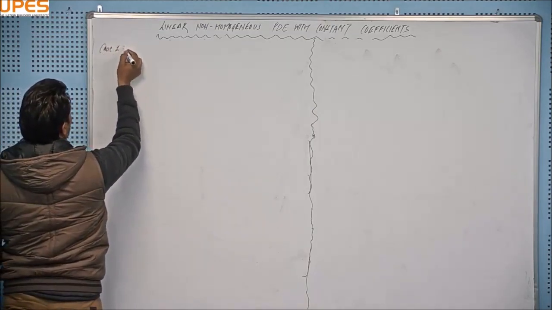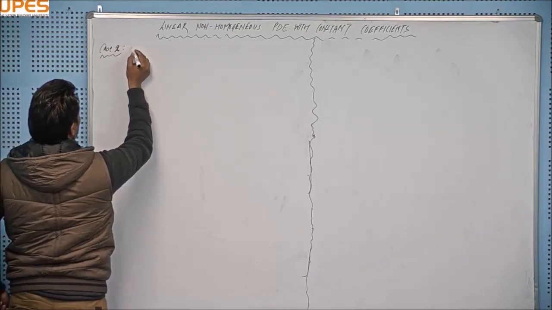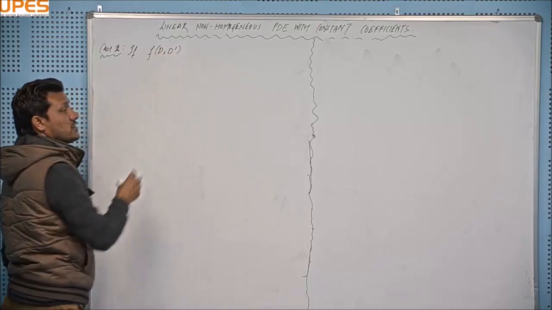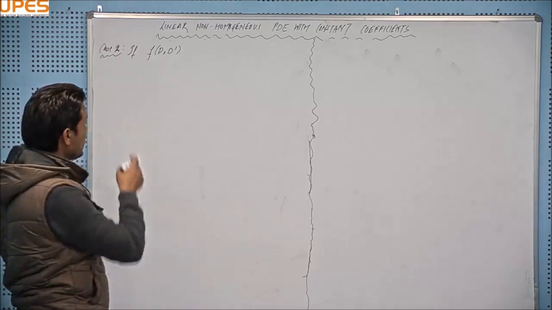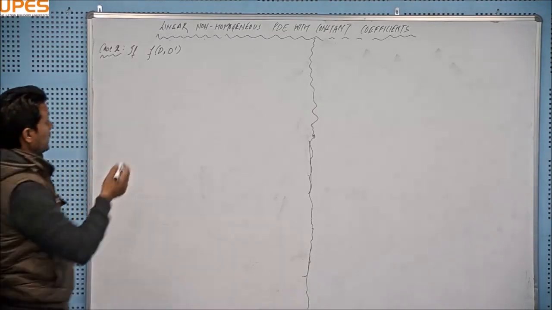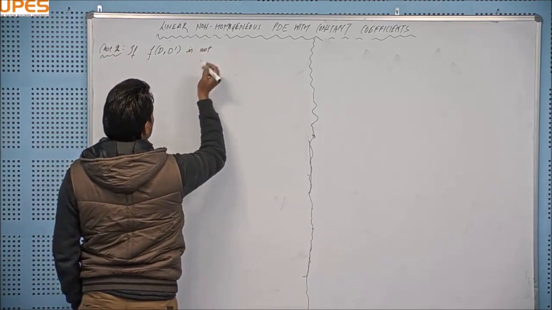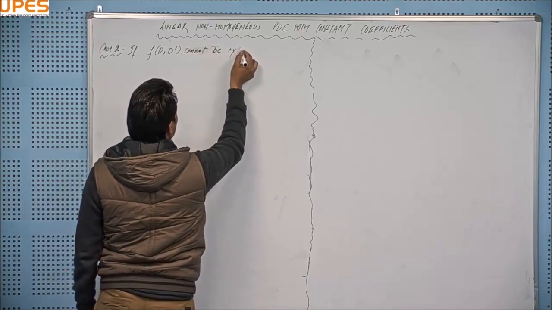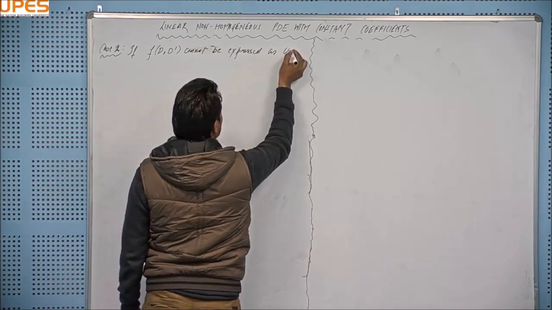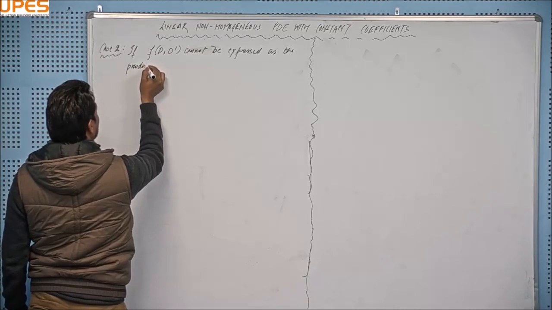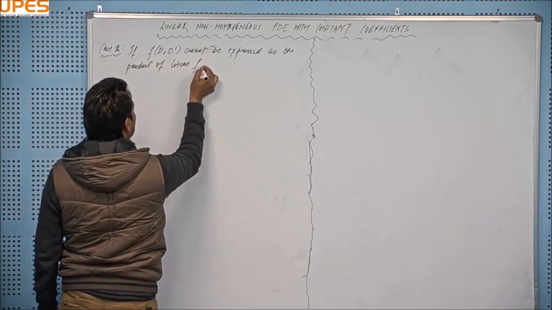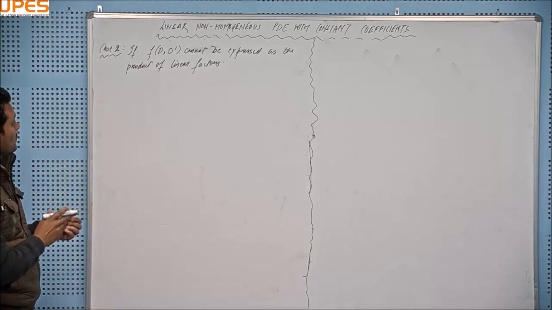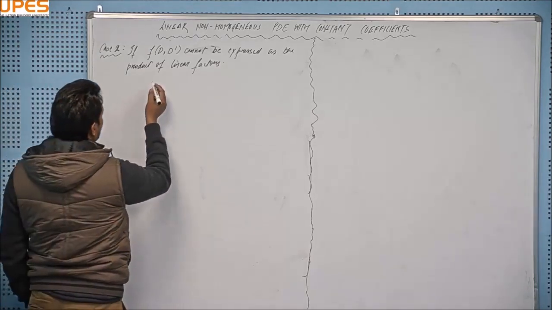So case 2, and what is that case 2? If your f(D, D dash), the operator on the left hand side of your non-homogeneous PDE, and obviously this f(D, D dash) is a non-homogeneous operator, cannot be expressed as the product of linear factors, then what happens in that case?